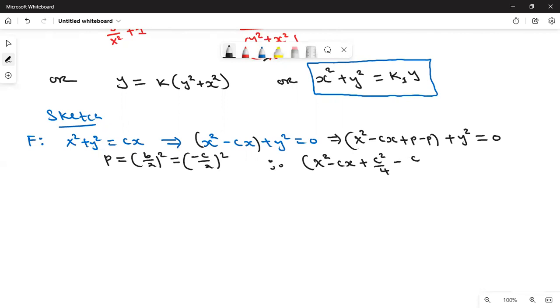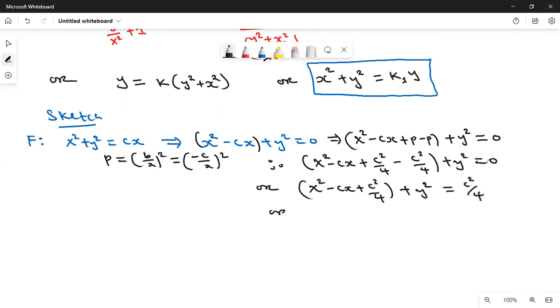Then we have to subtract c squared over 4 plus y squared is equal to 0, which you can also write as x squared minus cx plus c squared over 4, then plus y squared is equal to c squared over 4, or x minus c over 2 squared plus y squared is equal to c over 2 squared.